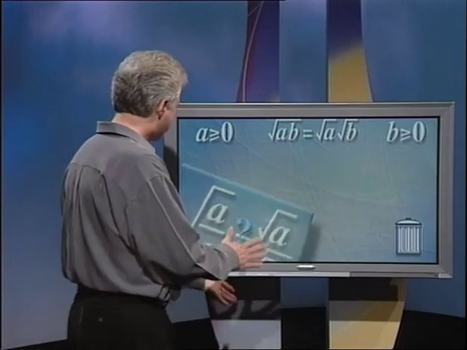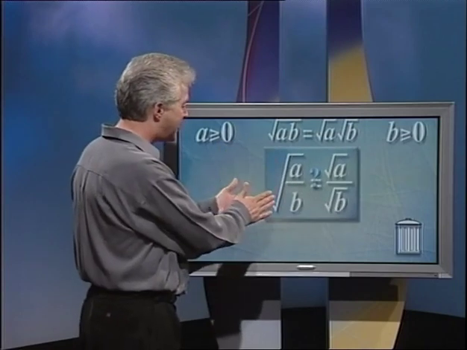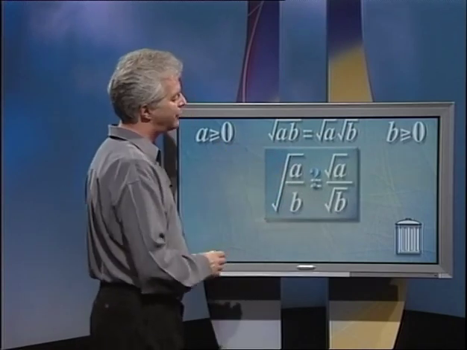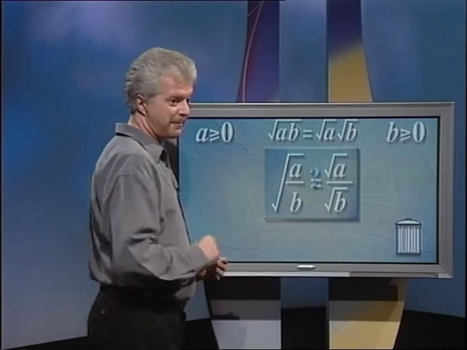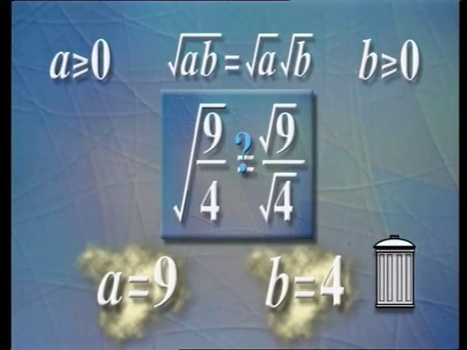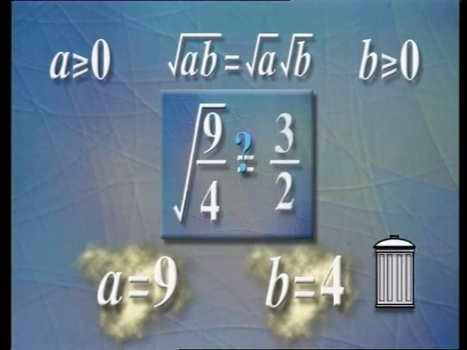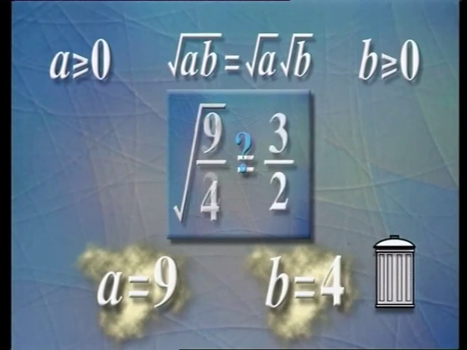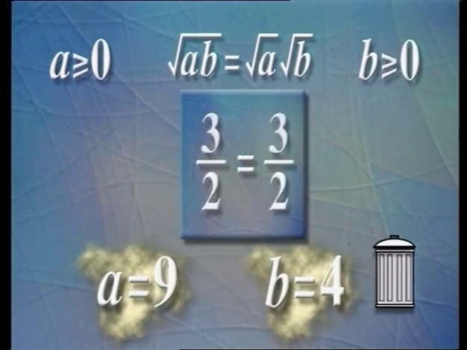Right. 4. The square root of A over B, is that equal to the square root of A over the square root of B? Let A equal, as we said before, the number 9 and B 4. Let's see what happens. So we're getting on both sides 3 over 2 equals 3 over 2.